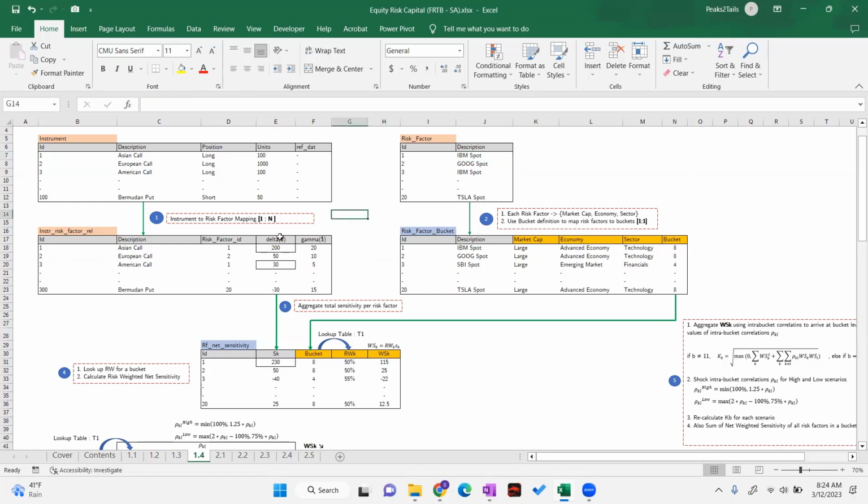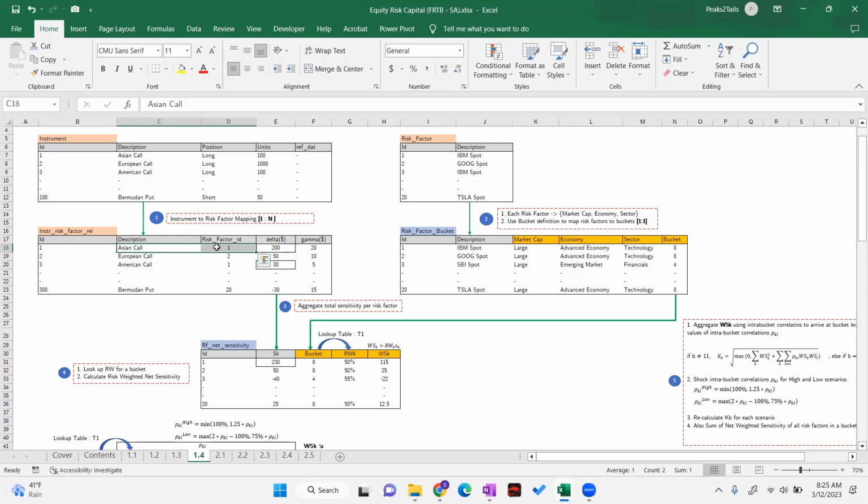And then the sensitivities. Okay. Sensitivities could be in a very different table. Doesn't have to be here, but then you have to fetch that data and join the table and add those columns. So what I'm saying is, if you're looking at every row, it is an instrument to risk factor pair.